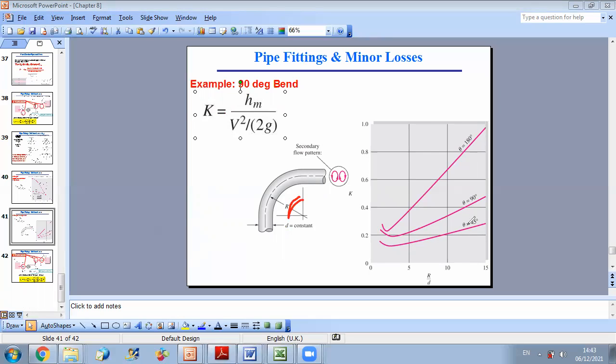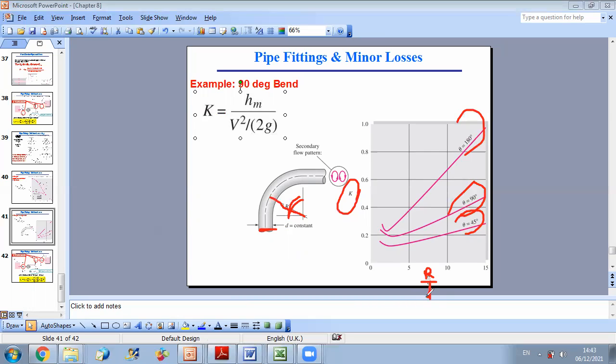Here, for different angles of the bend, they show you how the loss coefficient is changing. So the loss coefficient for a bend depends on the angle of the bend, and on the ratio of the radius of the bend over the diameter of the duct. So these two parameters will affect K.